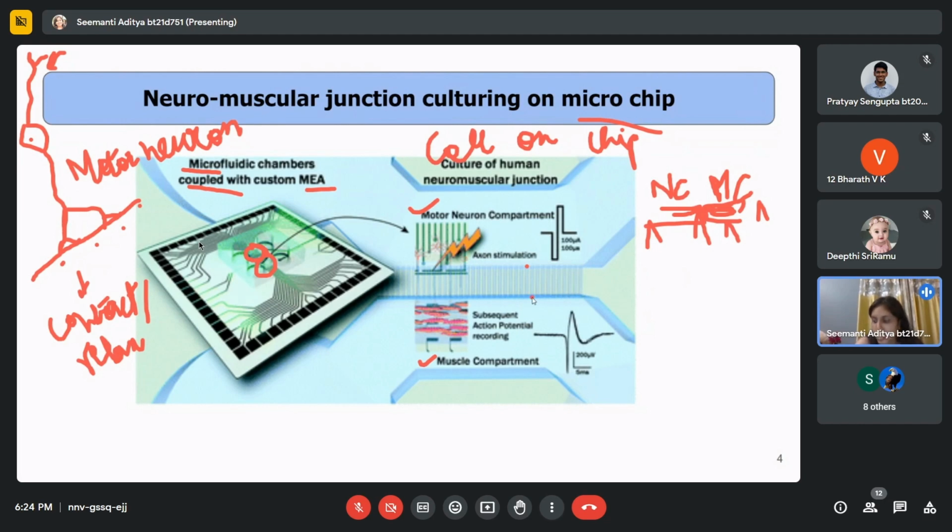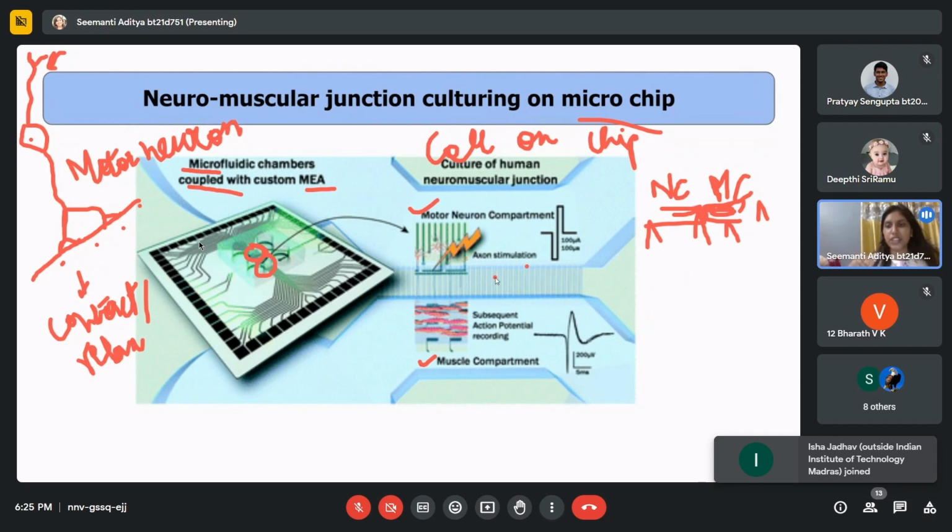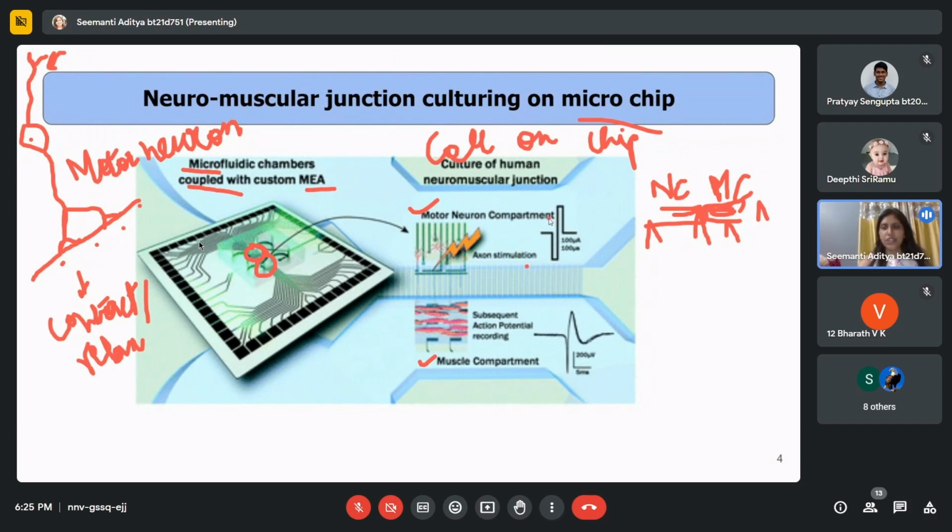When we stimulate it with any kind of impulse, if any kind of movement is there in the cantilever, these electrodes can sense it, and they will show a spike, or we can get a graph which will show electrical activity. So the electrical activity of neurons can be observed, and the electrical activity of muscle can also be observed here.